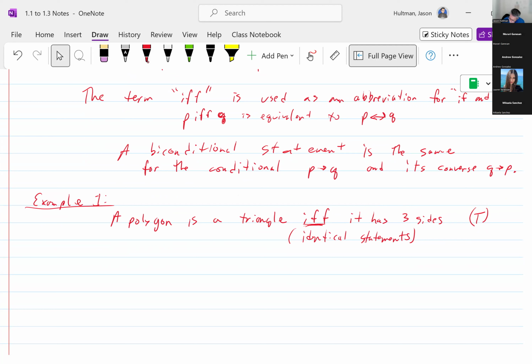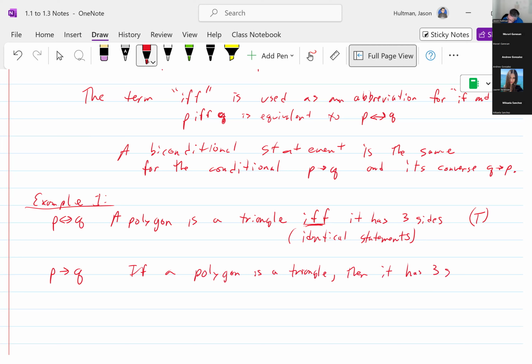If we wanted to break this up into its two statements, going forwards and backwards, in English, we wanted to write the original. This is a biconditional statement. If we wanted to write the English, P implies Q, what would we do? We would say, if a polygon is a triangle, then it has three sides.